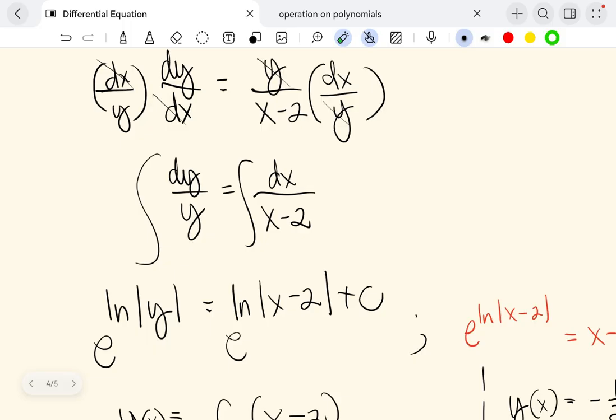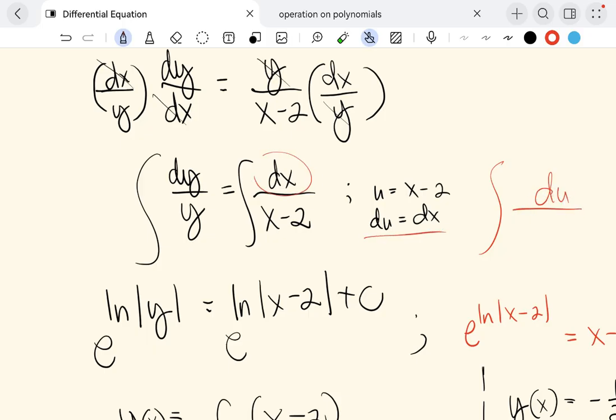So, by integrating dy over y, you have ln y. And then for u equal to x minus 2, du is dx, and you will end up here with your dx becoming du, and your u here. So du over u is ln u, and your u is this one, so rewrite as ln of x minus 2.